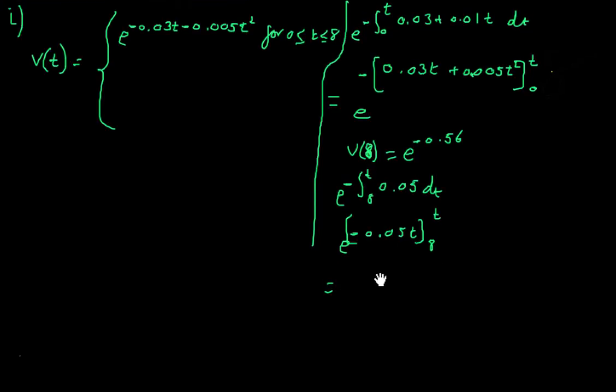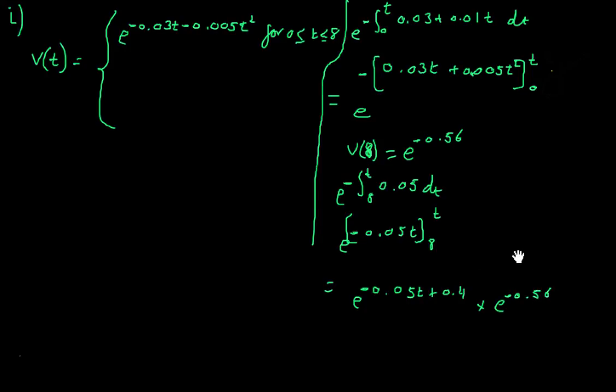When we sub in t, it's itself, so e to the negative 0.05 t, minus negative 0.05 times 8, which is then plus 0.4. If we multiply this whole thing by v of 8, which is e to the negative 0.56, it should give us our v of t for when t is greater than 8.